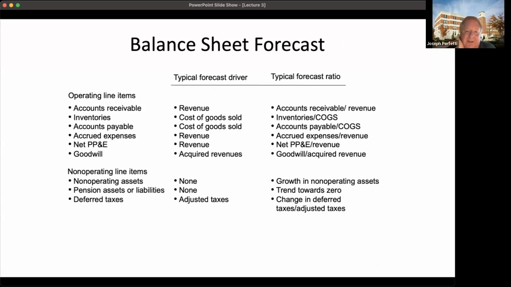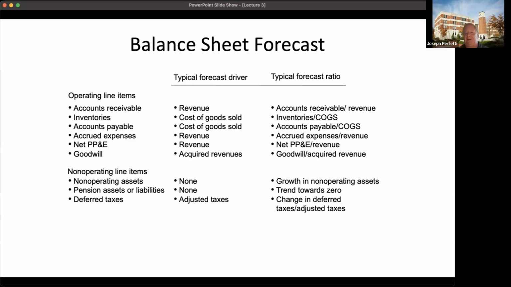Accounts receivable are driven by revenue. I sell something, I wait to get paid. So accounts receivable is a percentage of revenue. Okay. Accounts payable usually come from not paying suppliers, usually for manufacturing firms associated with buying inventory. So I tie my accounts payable forecast to my forecast of cost of goods sold. That's ideal, right? So basically tie the income statement driver and the balance sheet drivers together to figure out the most reasonable way of forecasting, okay?